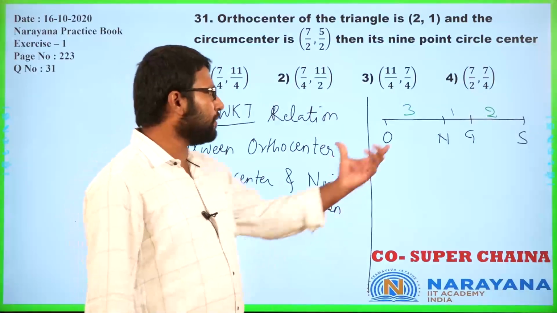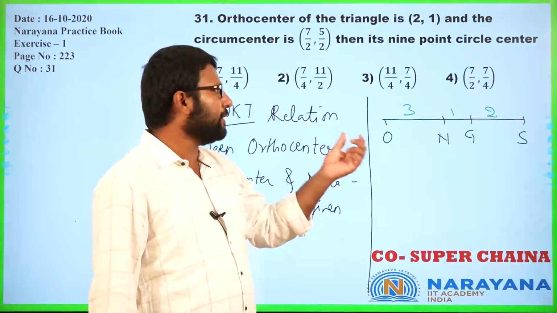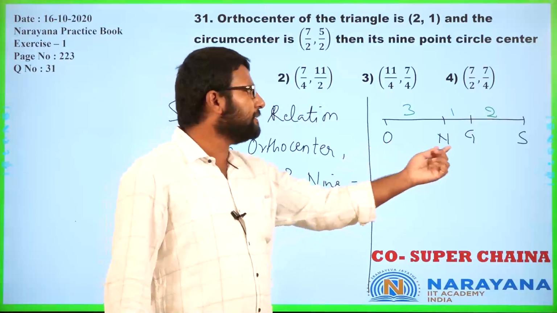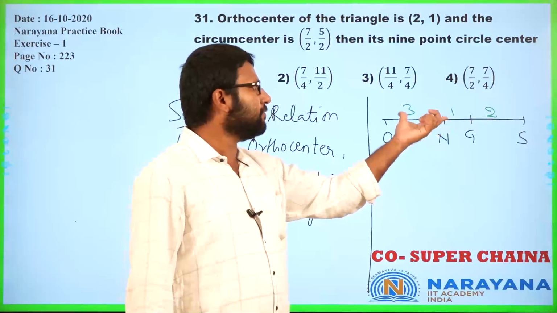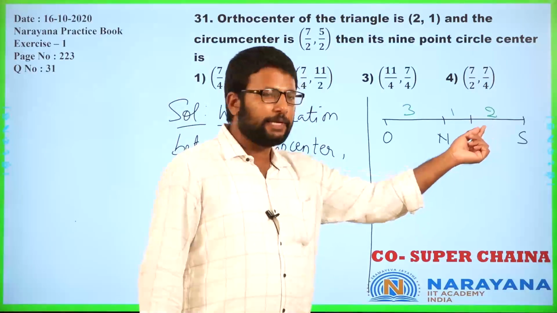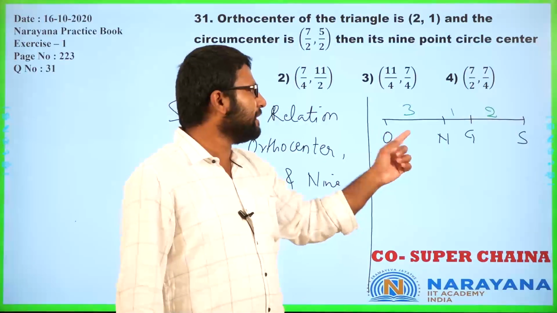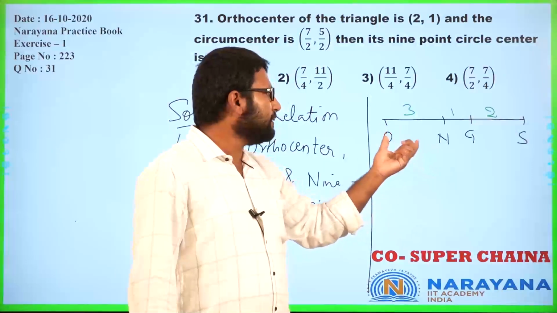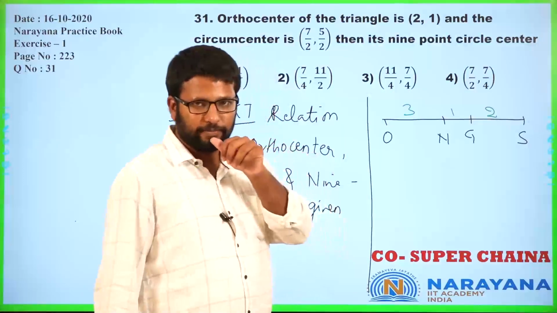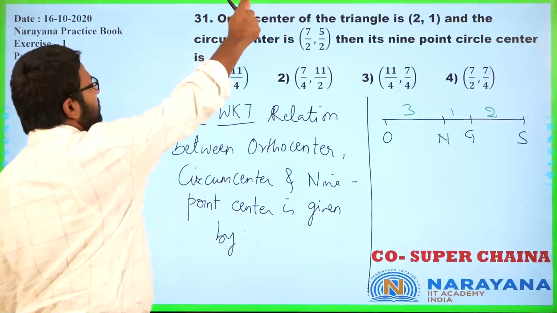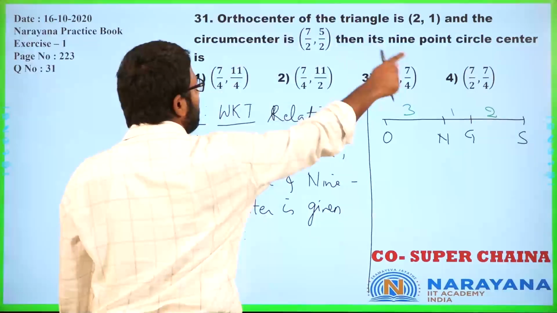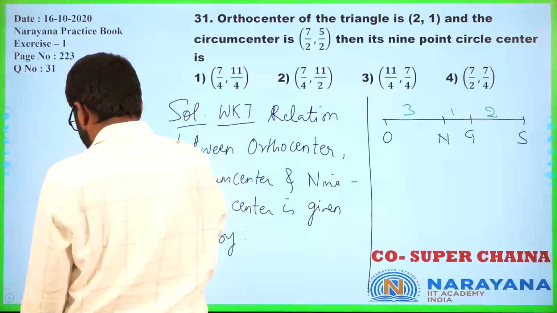Now you already know that OGS, G divides OS in the ratio 2:1. Observe, this is 3 plus 1, 4:2 is 2:1. Then you also need to remember that N divides OG in the ratio 3:1, right? Now based on this, can you tell me what is the relationship between orthocenter, circumcenter and 9-point center, right?